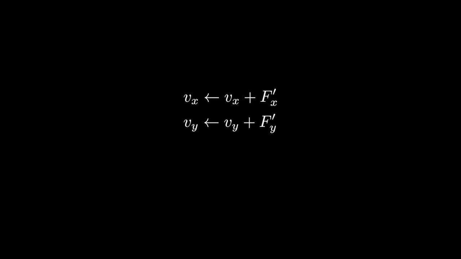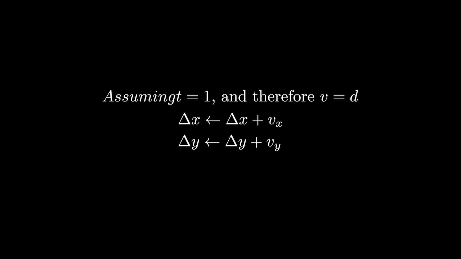The velocity of point 2 in the x direction is updated by adding Fx prime to the current velocity, similarly for the y direction, and also for point 1, but with the force subtracted. Finally, we update the change in position, delta x and delta y, by adding the respective velocities.